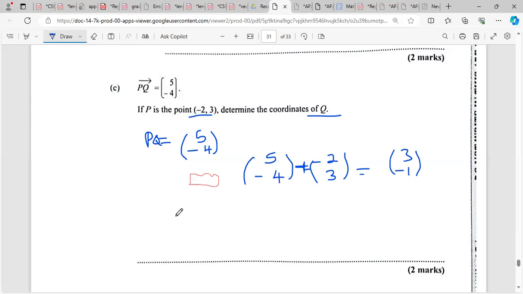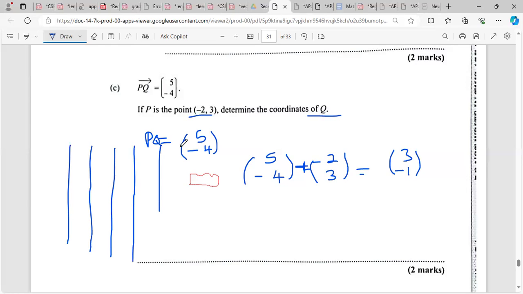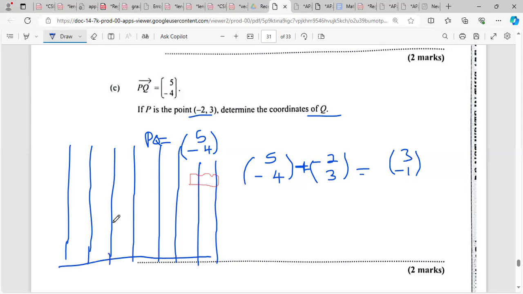Another way we could have looked at it, guys, we could have actually drawn a graph, right? You guys should have had the graph in the exam though, right?